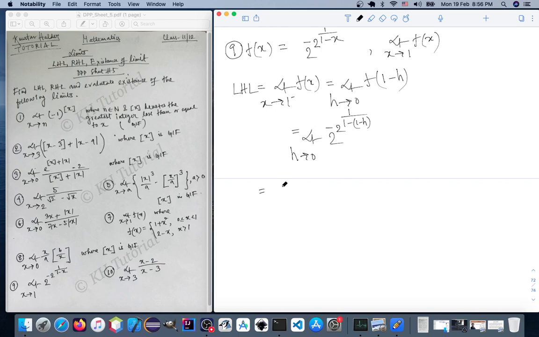This becomes limit h tending to 0 2 to the power minus 2 to the power 1 by 1 minus x, so 1 minus h, 1 gets cancelled, plus h. Okay.